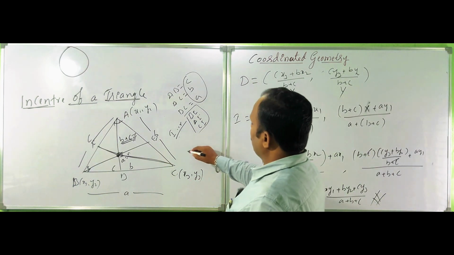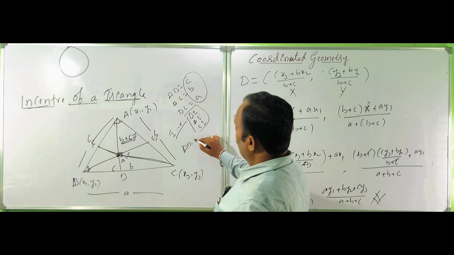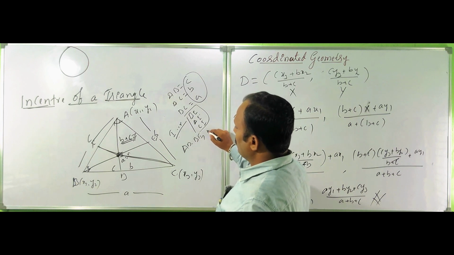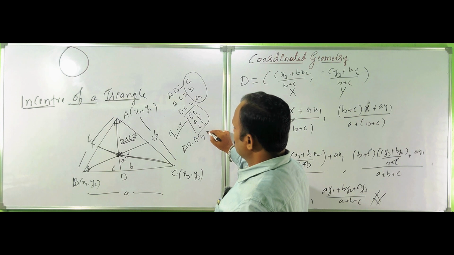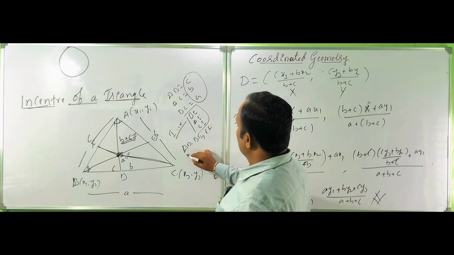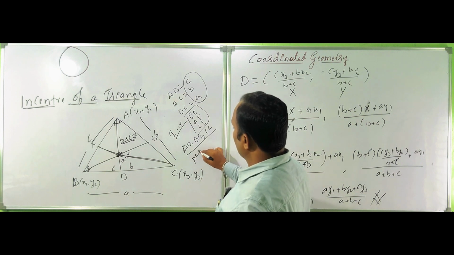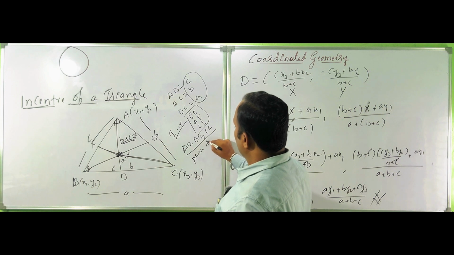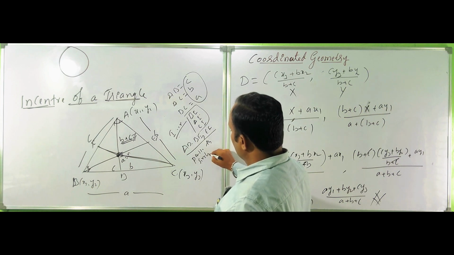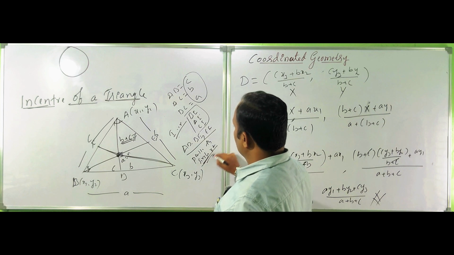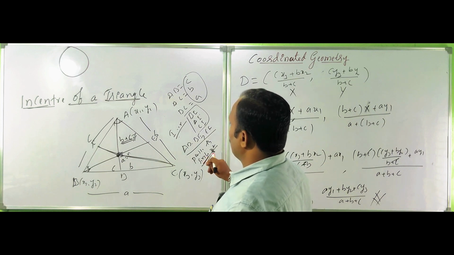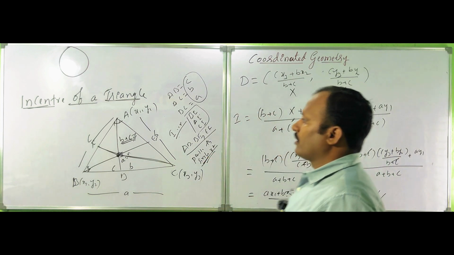AD, BE and CF pass through the common point, a single point. That's why the bisectors are concurrent.